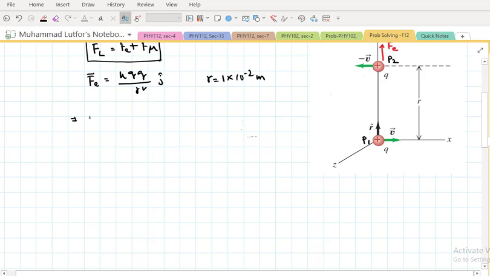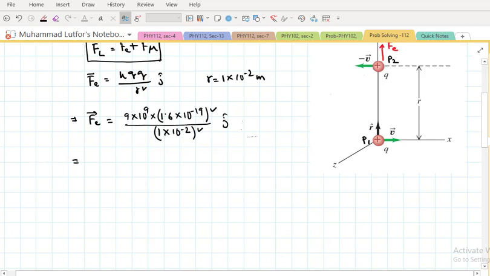The electrostatic force on the upper proton provided by the lower proton P1 would be 9 times 10 to the power 9, the Coulomb constant, times 1.6 times 10 to the power minus 19 squared, divided by 1 times 10 to the power minus 2 squared, the distance between the two protons, times j hat.